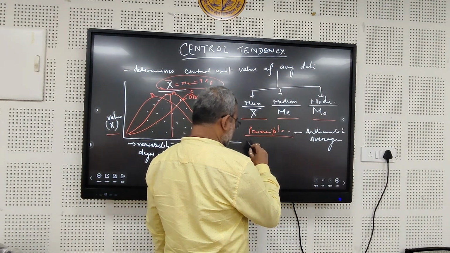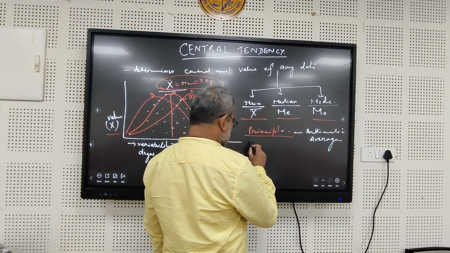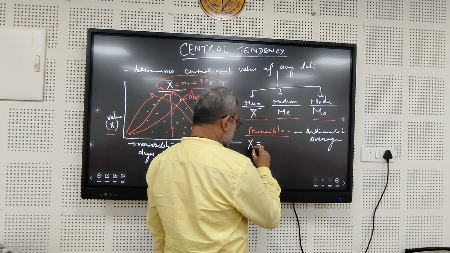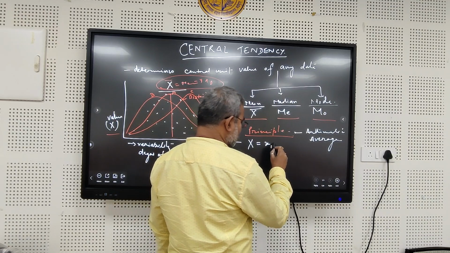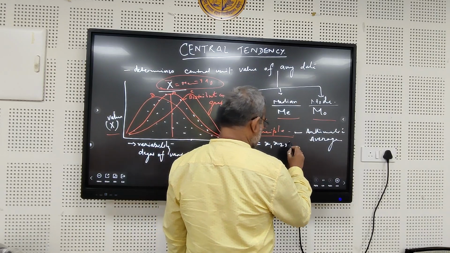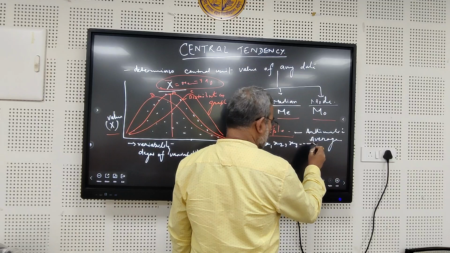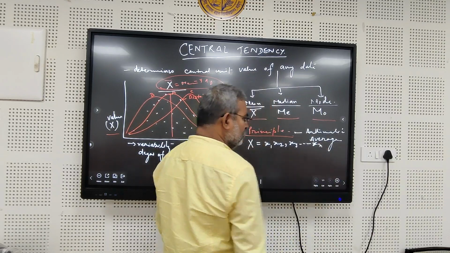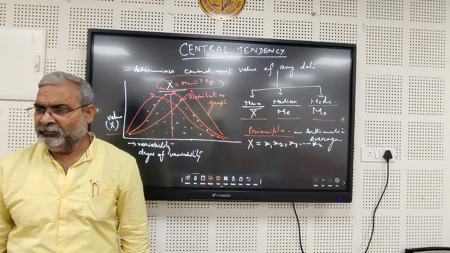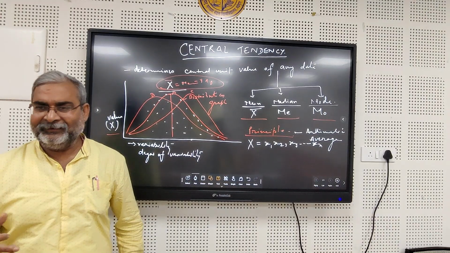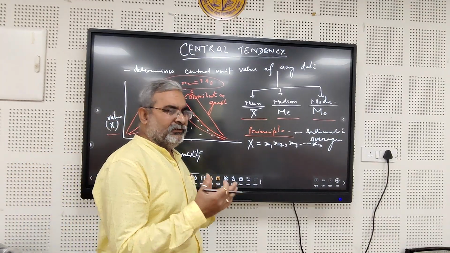Suppose a sample X is represented by x1, x2, x3 to xn.